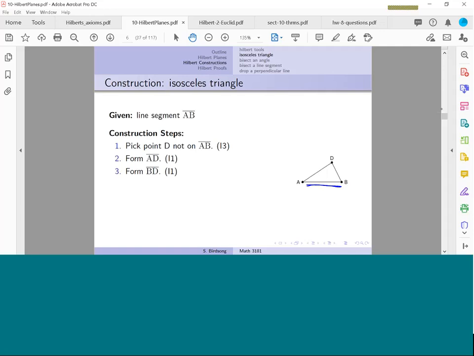So we added in the extra 2 lines, the AD, the BD, and went ahead and cited what construction step we used. And this shows your reader, hey, these incidence axioms hold in any Hilbert plane, so I can do this in any Hilbert plane. It might not look exactly like my picture over here because the picture's in the standard model, but I can totally do this so far in any Hilbert plane.